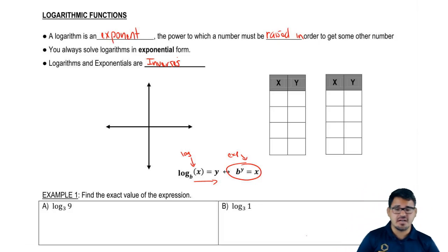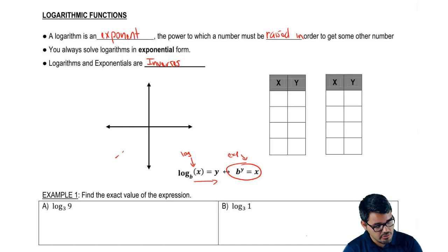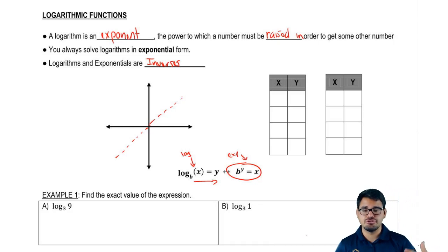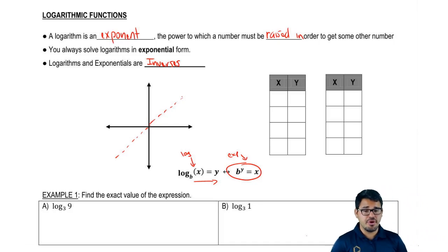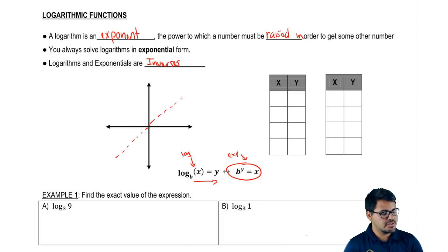So earlier when I talked about the inverse, I gave you guys a reference on the whole y equal to x line, and remember that I drew an exponential and then I also drew a logarithm. So we're going to start off with the classic exponential, and then we're eventually going to turn it into a logarithm somehow.